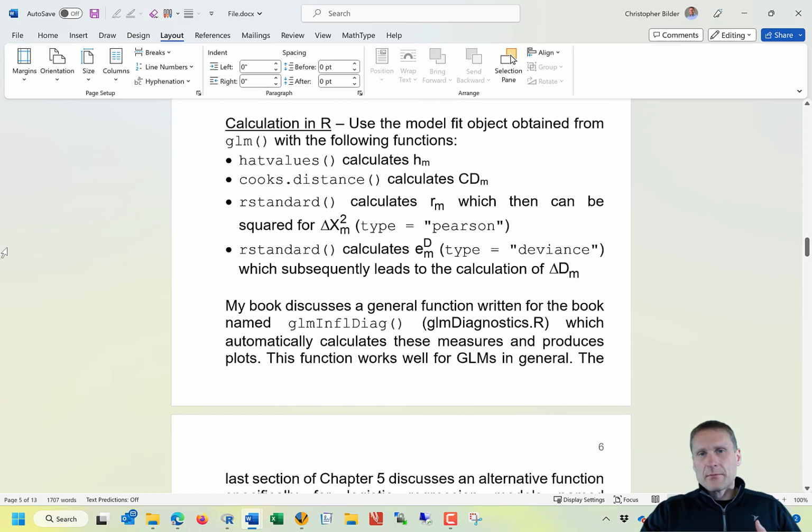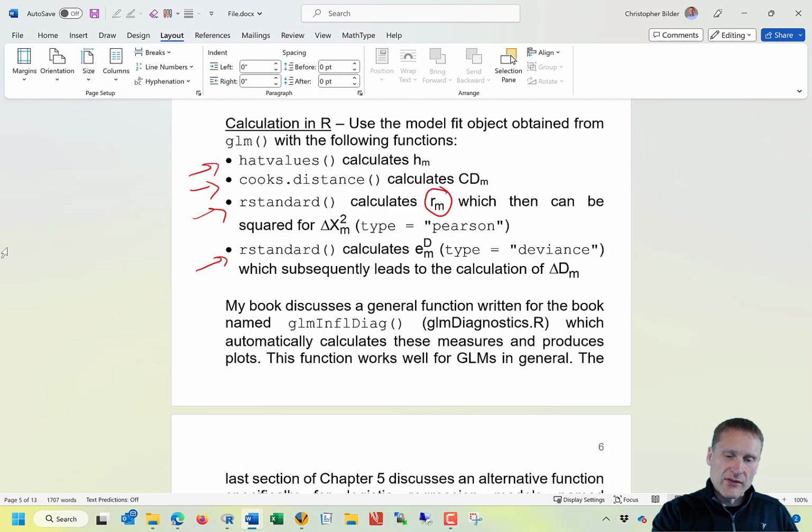Now, how can we do the calculation here in R? Here are the corresponding functions for the hat matrix diagonal values, Cook's distance. We've already seen the standardized Pearson residuals before. All we would need to do is just simply square the value that we get from the R standard function. To do the change in D, the change in the deviance statistic, we can use the R standard function as well. Just change the type argument to deviance.